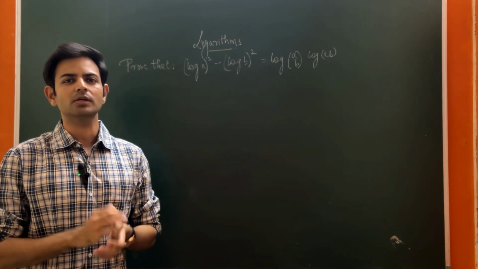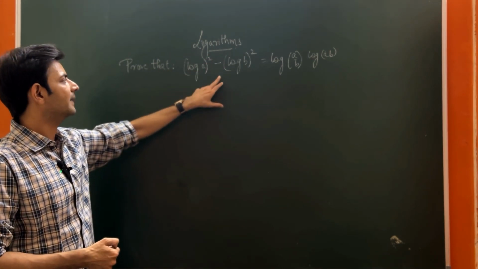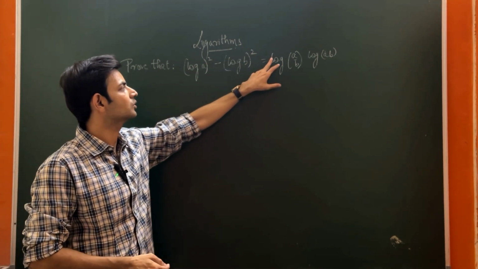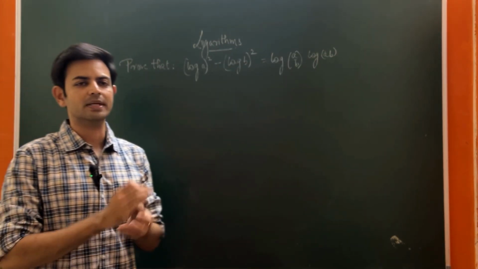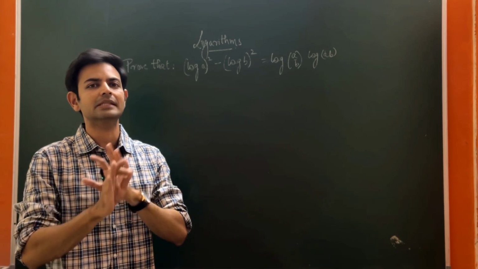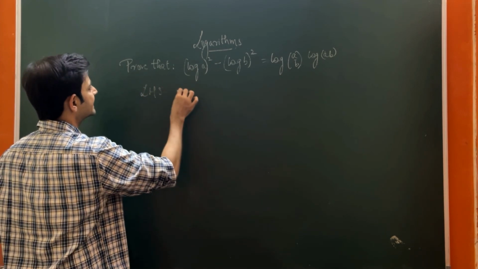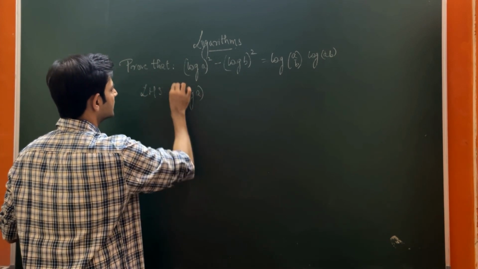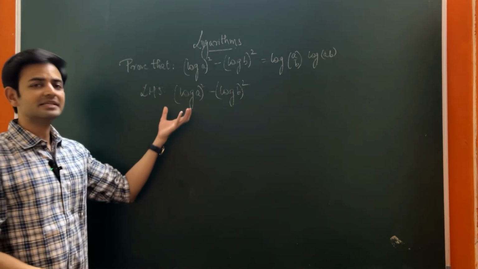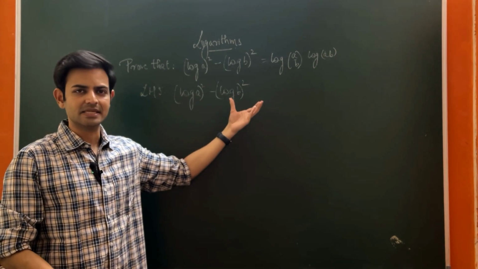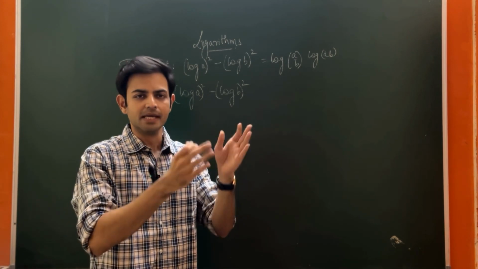Let's take one more question to understand the concept of logs better. Prove that log a the whole square minus log b the whole square is equal to log of a by b into log of ab. So whenever we have proved that questions, we take the LHS first or RHS first. Either of them you can use. So for now, I'll use the LHS. That is log a the whole square minus log b the whole square. Now this looks like the formula of a square minus b square. So a square minus b square is equal to a minus b into a plus b.